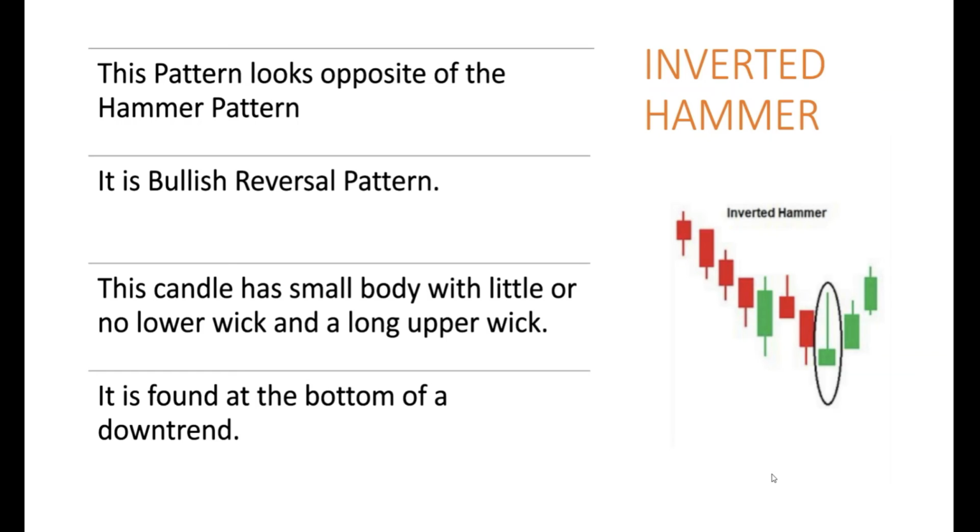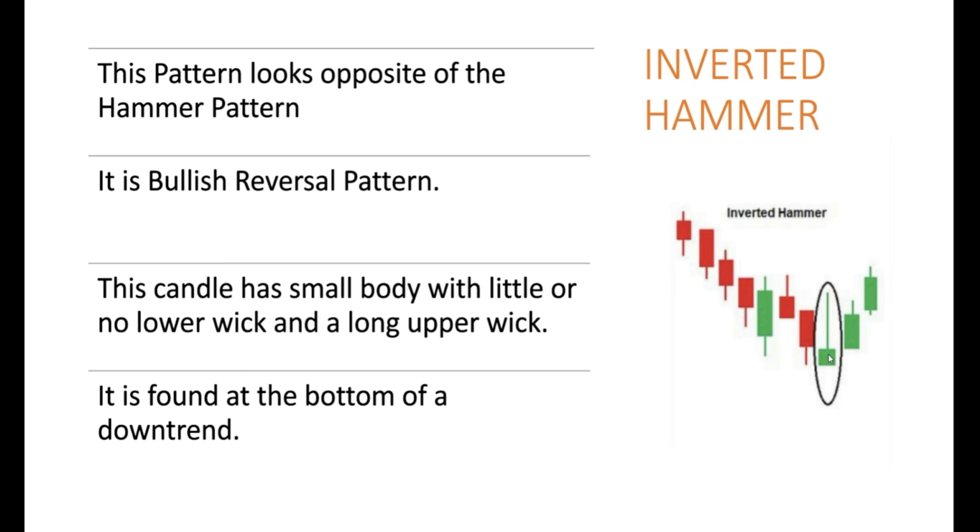Inverted hammer. As the name suggests, it's just the opposite of the hammer candle which we saw in the last video. Here again the body of the candle will be very small, and there could be a small or no wick on the lower side, and the upper wick would be long. Usually it has to be double the size of the real body.